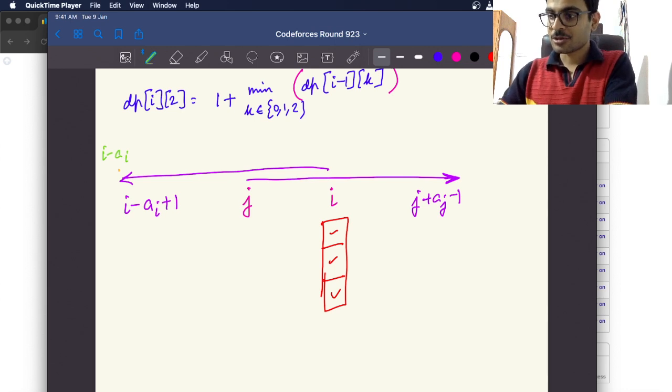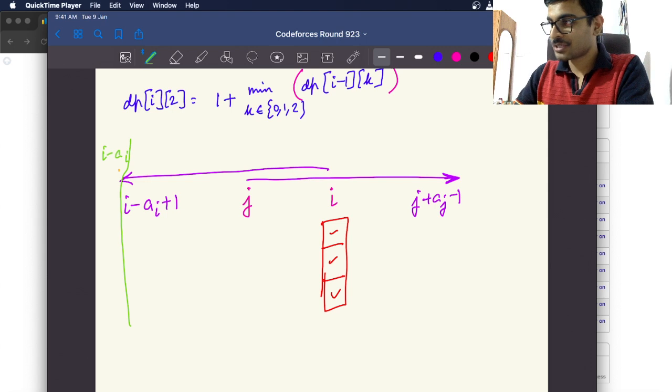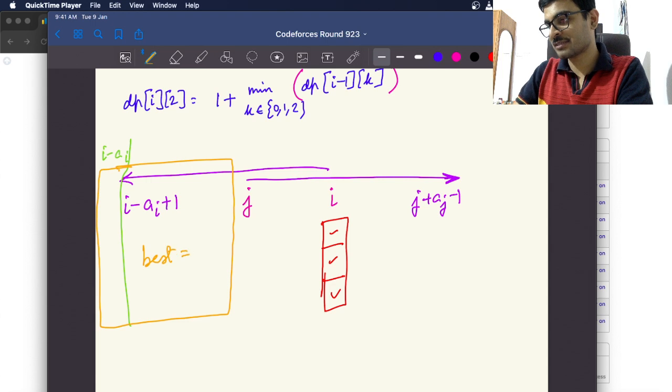You have to figure out that, okay, before this element, before I minus AI plus 1, what is the best value? Or you can say once again, from here up to before this J, what is the best value? Whatever is the best value over here, let that best value be X. Then what can we say?